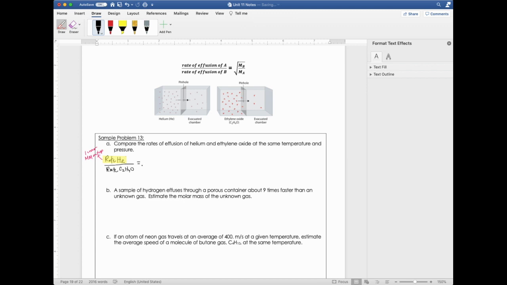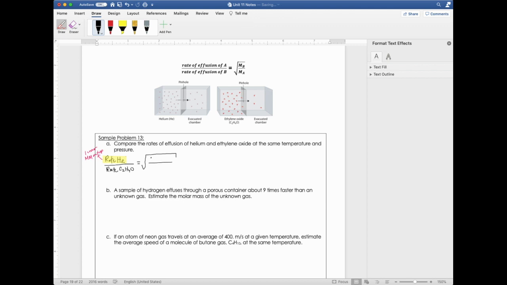We do need to have a square root here. If I look at this equation, the rate of effusion A, so for us this is helium, divided by the rate of effusion B, is equal to the square root of the molar mass of B. So I have to put the molar mass of ethylene oxide up top here.